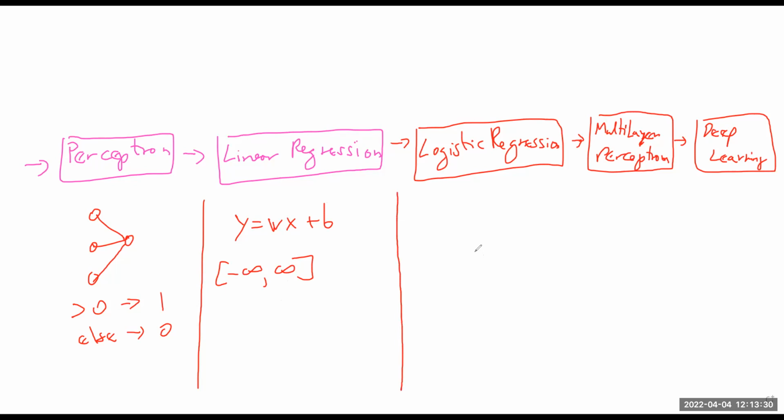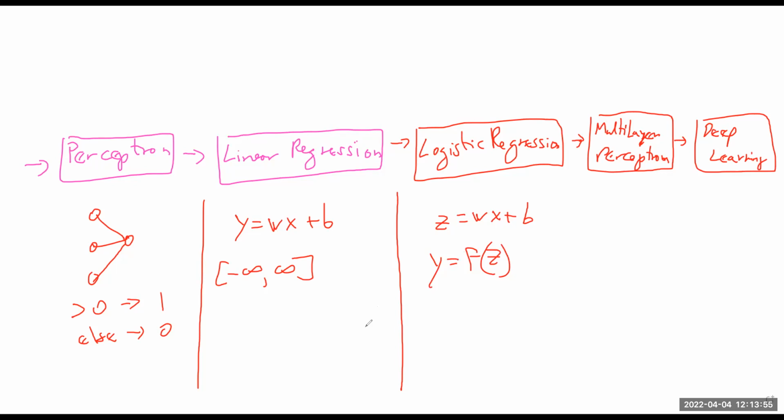Then in logistic regression, we've got something similar. But now, the Y we're going to rename Z, and that's only because we want to run Z through a function, and then that becomes Y. Do you see that? That's the only thing.